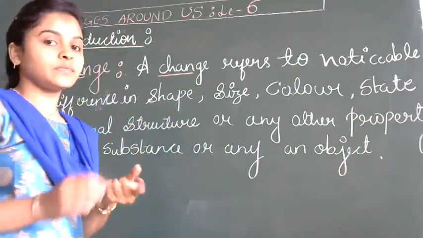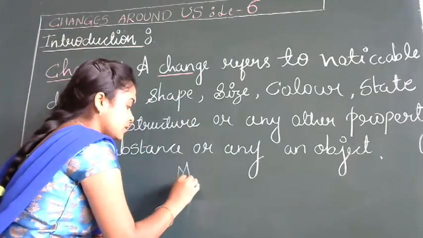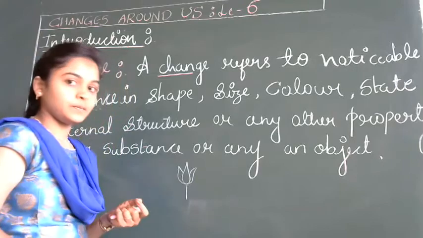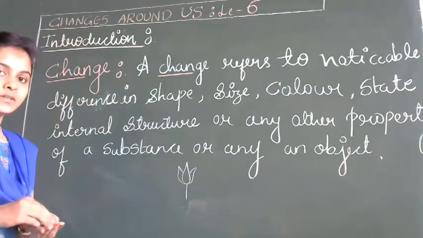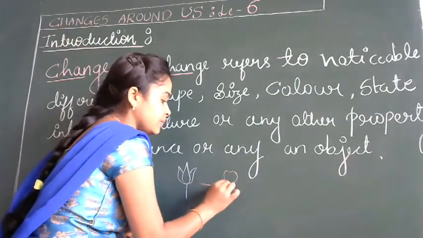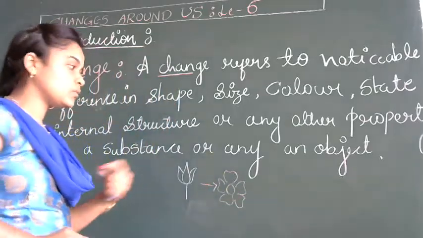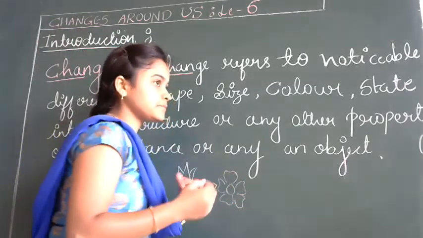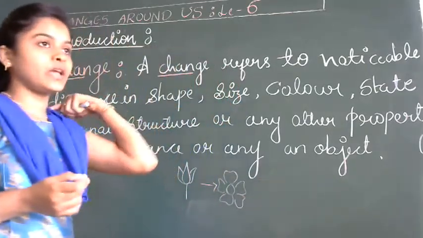Shape, for example, I have told you that this is a bud of a flower. Now you can see the shape of the bud is different. So when it becomes a flower, the shape of that flower will again be different, right? Now one more thing. Here again, shapes. What shapes can you give?